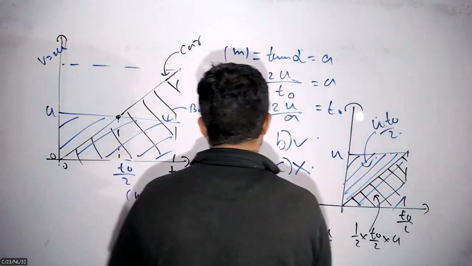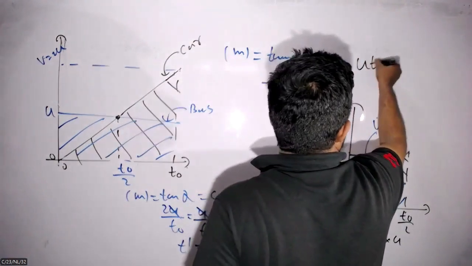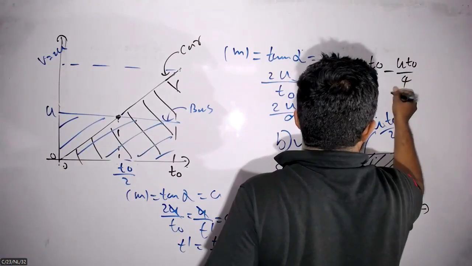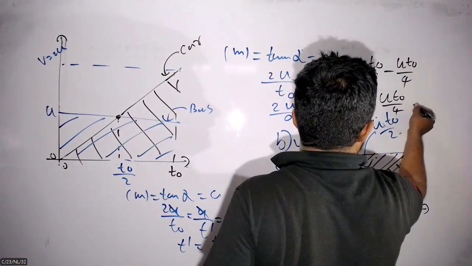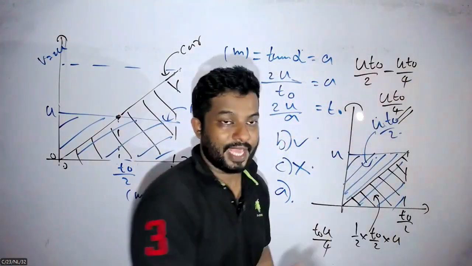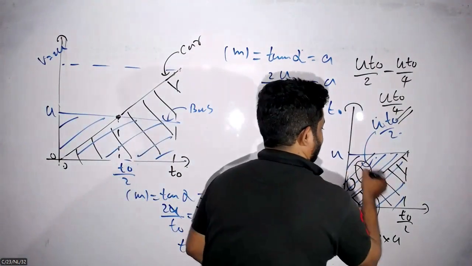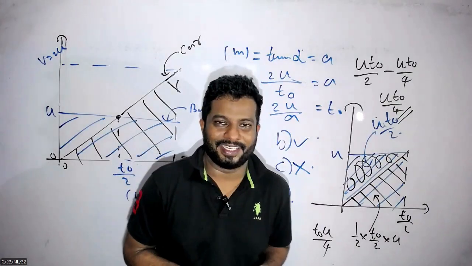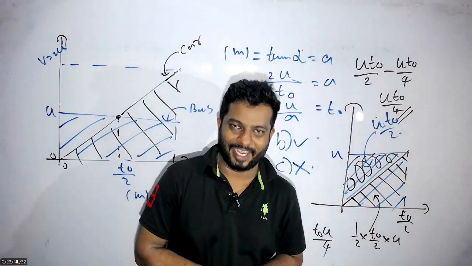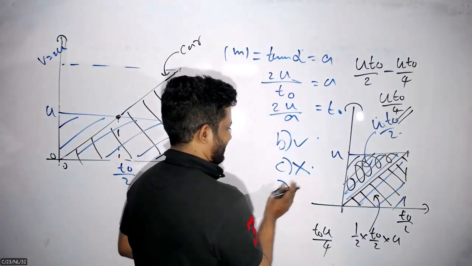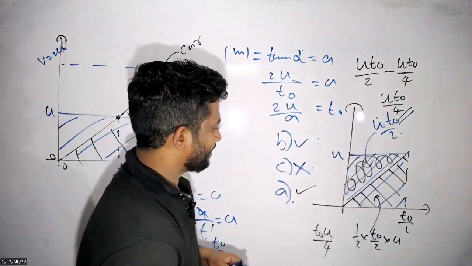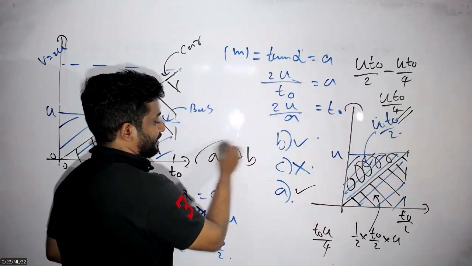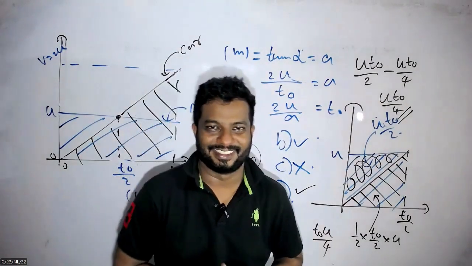It is equal to u t naught over 2 minus u t naught over 4, which is u t naught over 4. This is the maximum gap between the two objects. Therefore, the A statement is a correct statement. Right? Therefore, both A and B statements are correct.